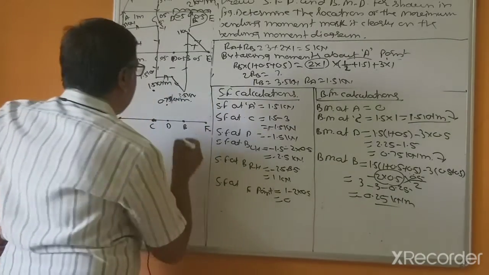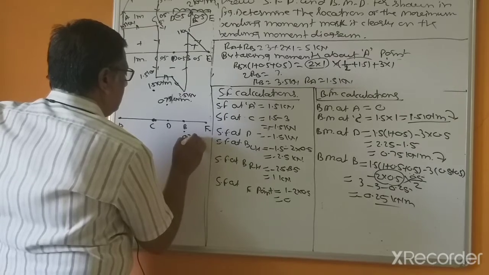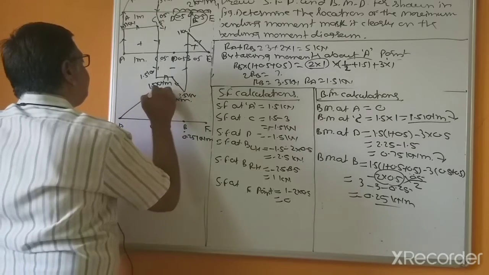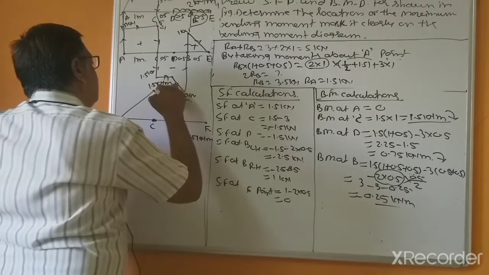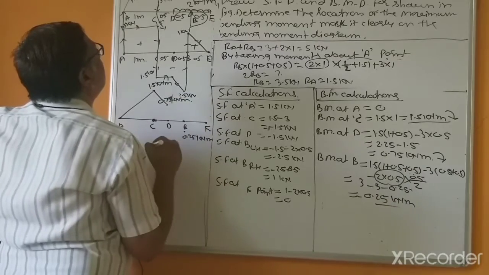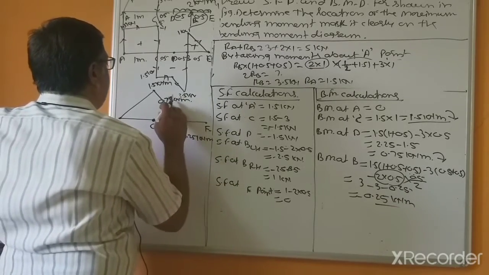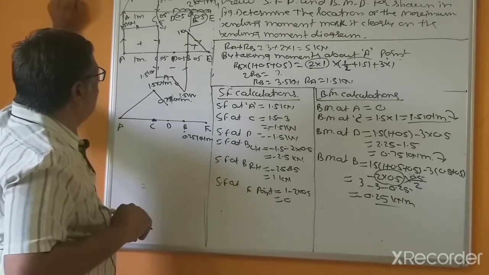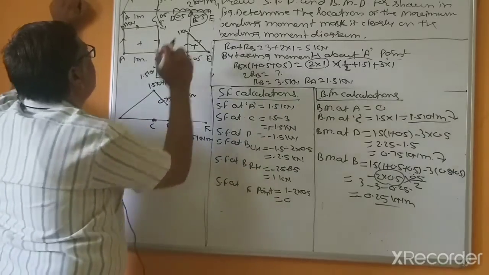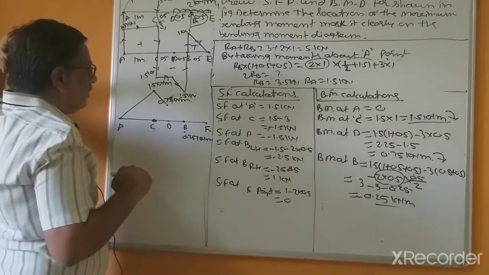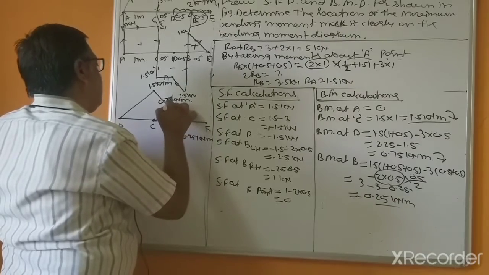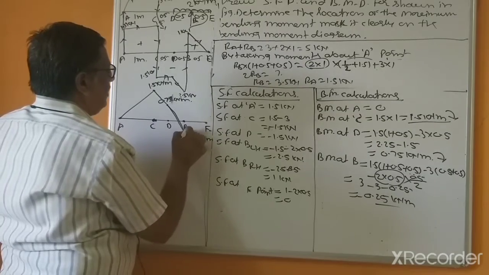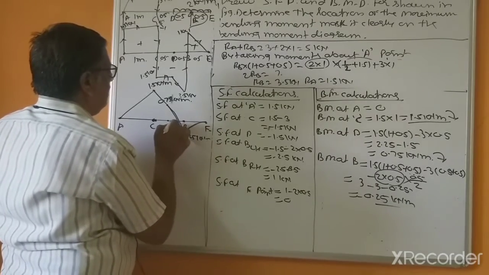At B point 0.25 kilonewton meter. So that's why this is a straight line. This is also a straight line up to D point. From D point, because this is uniform distributed load, this is parabolic type. And after that, this is sagging and hogging.